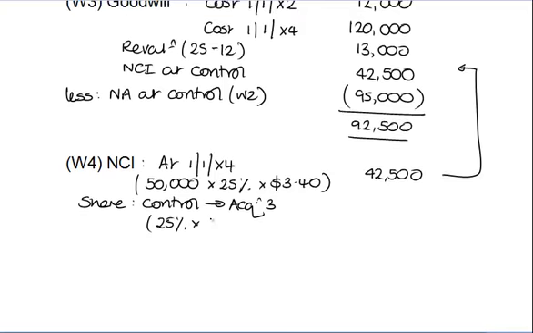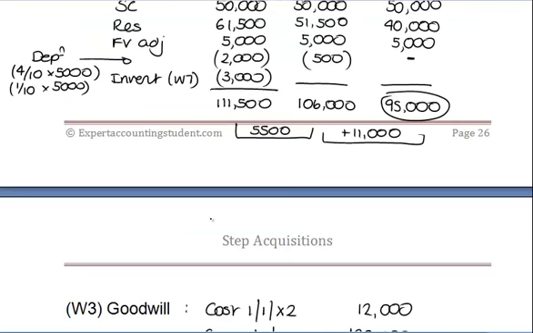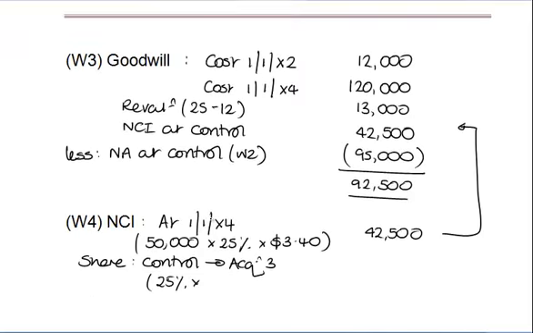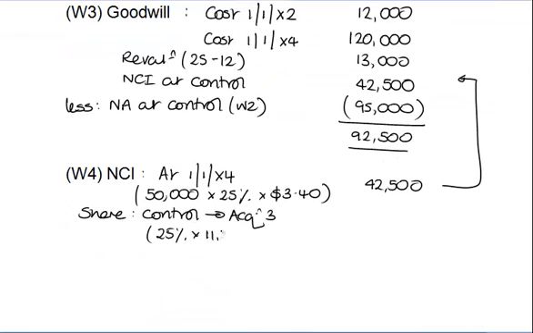What has AL done during that period? AL has made profits of 11 million. So we're going to give them 2,750. If we're going to give 25% of the profits to the NCI, what are you going to do with the other 75% of the profits?